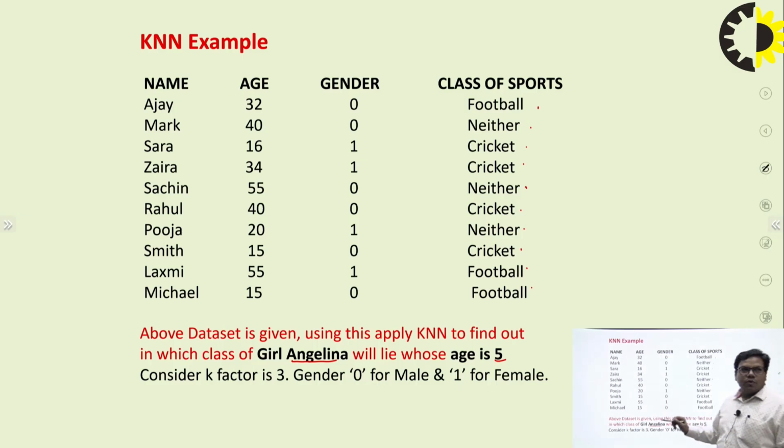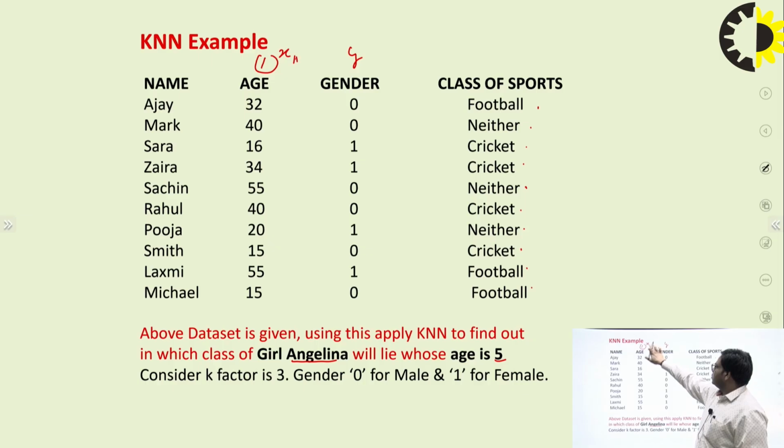There are 2 input features. The first input feature is x1, or simply x, and this is your y. We need to identify Angelina, whose age is 5 and gender is girl.